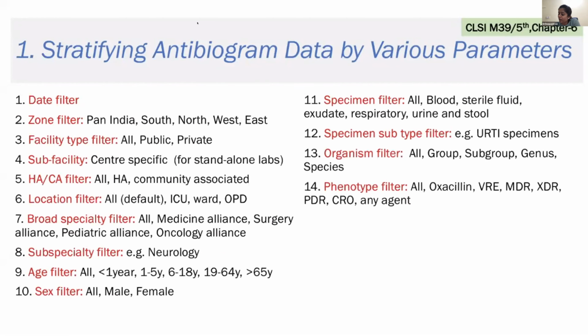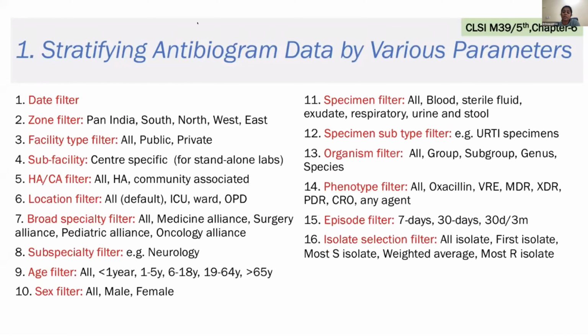Organism filter we apply. Phenotype filter, that is all phenotypes versus specific MDRO phenotypes. Episode filter, that is 7 days, 30 days, that is you select the first isolate based on what criteria. Isolate selection filter, that is you collect all isolates, first isolate, most sensitive isolate, weighted average, and most resistant isolate. Then there is also minimum. So this last one, the 17th, is not a filter but a criterion, that is the minimum number of isolates we are going to choose.